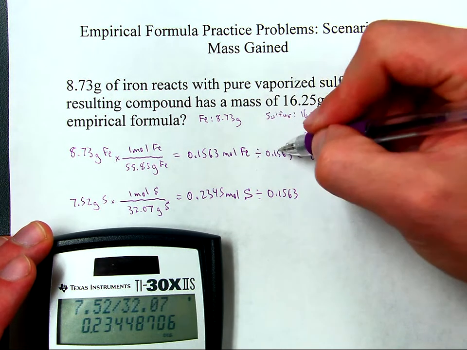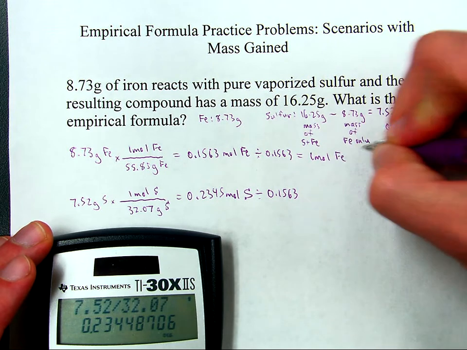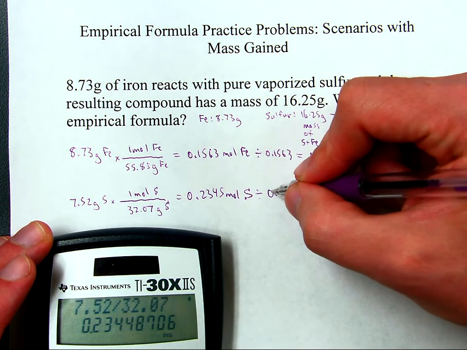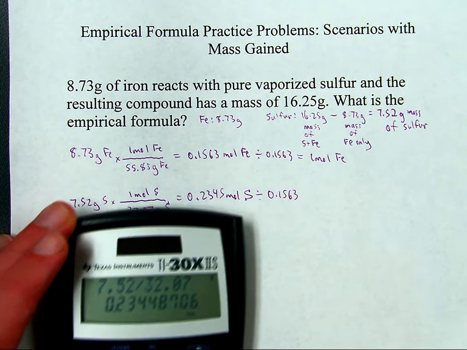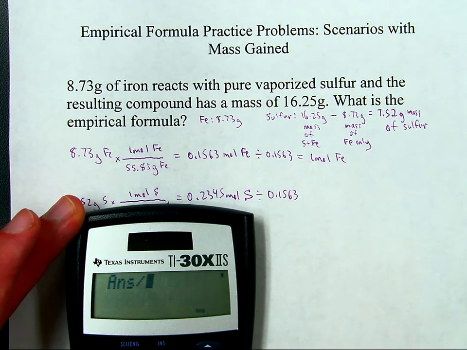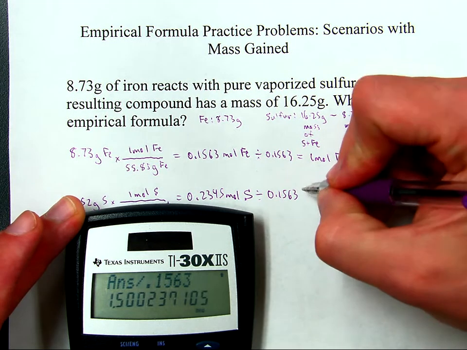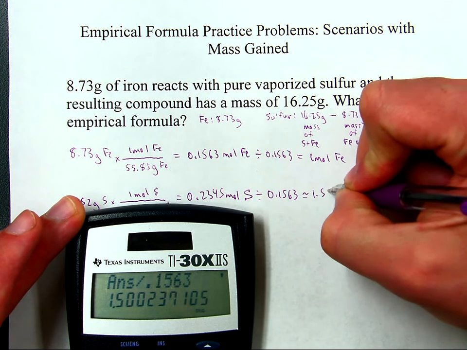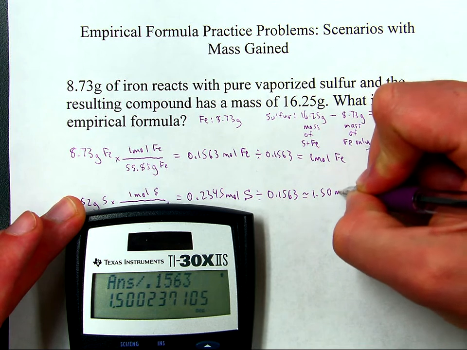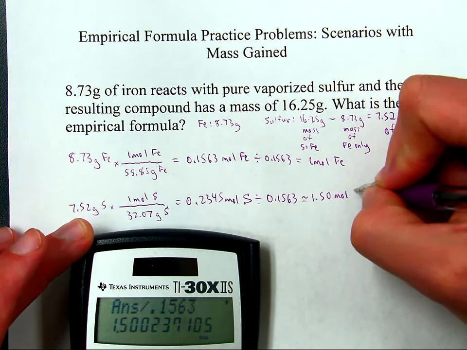So the iron is basically divided by itself, so that's 1 mole of iron, and then this divided by the smaller number, let's have a look and see what that is. I've still got that number on the calculator. Let's divide it by the smaller one. It's going to come out to about 1.50 moles of sulfur.